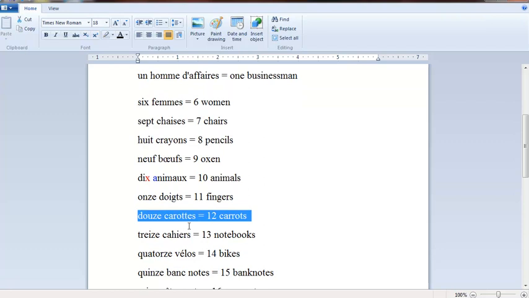12 carottes. 12 carrots. 13 cahiers. It means 13 notebooks. For example, you might say, il y a 13 cahiers sur la table.